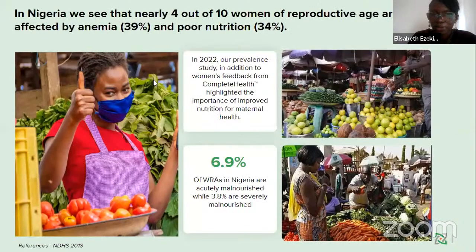Sorry, the slide before. All right, thank you. So these numbers are really painted. We need to focus on diet, on nutrition practices, that will help mothers and babies achieve whole.